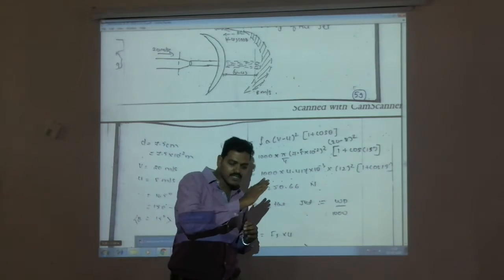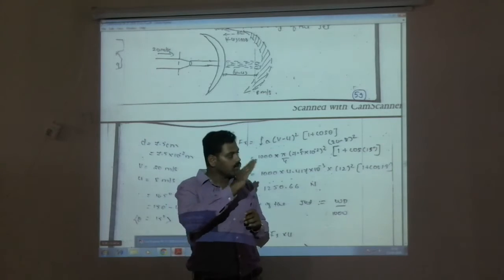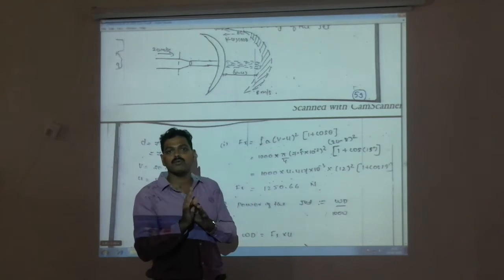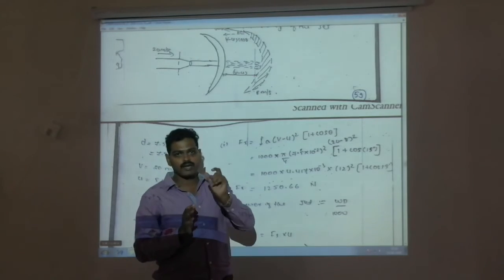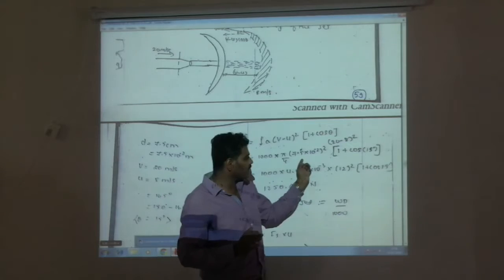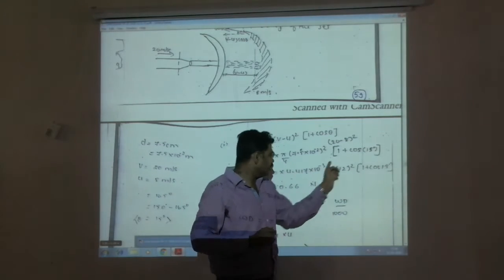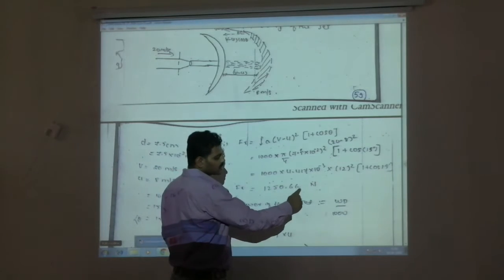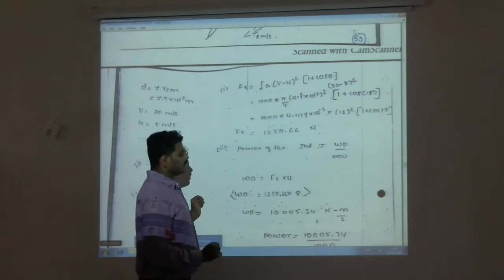But when the plate is going to deflect for a semicircle, with the curved plate, external deflection angle 165 degree ಅಂತ ಹೇಳ್ತಾನೆ. Then 180 minus 165 will be remaining 15 degree. That's why we substitute cos 15 degree. ಆ substitution ಮಾಡಿದ್ಮೇಲೆ Fx ಬಂದು 1250.66 Newton ಅಂತ ಬರುತ್ತೆ.